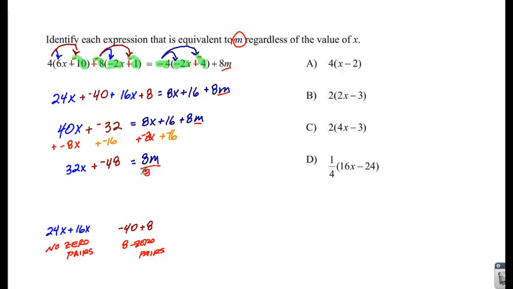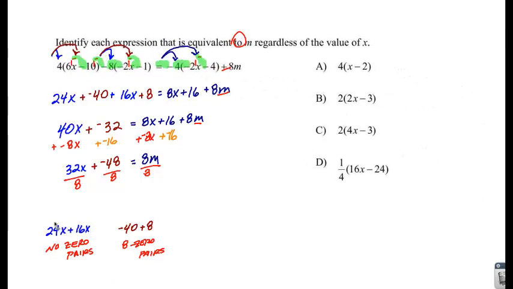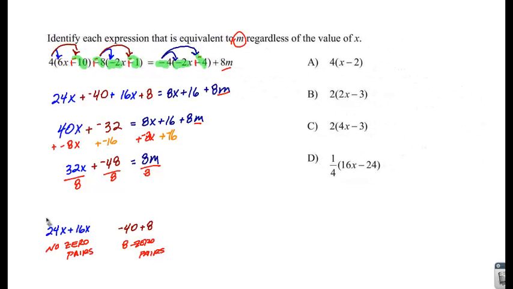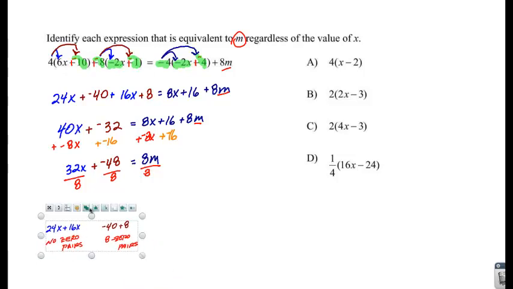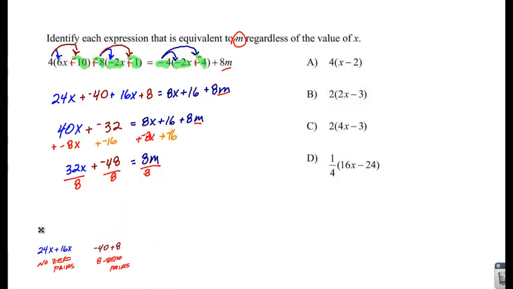Final step, get m by itself. We divide everything by 8. I'm just going to shrink these down a little bit, my zero pairs, and move them out of the way so that there's room to finish this problem up.